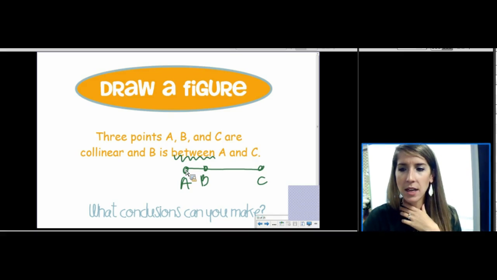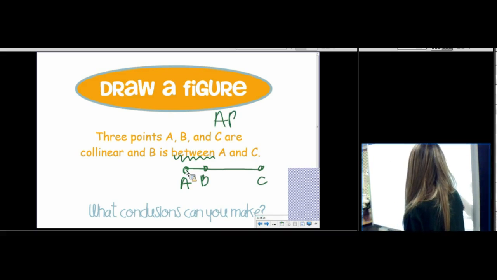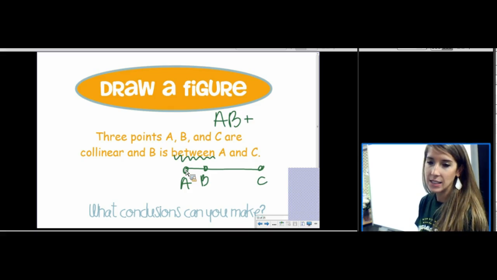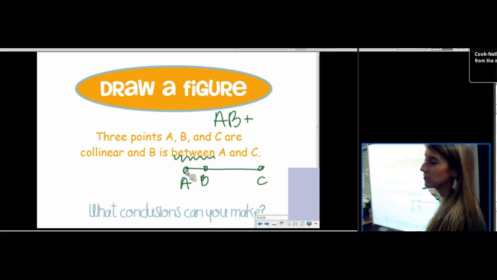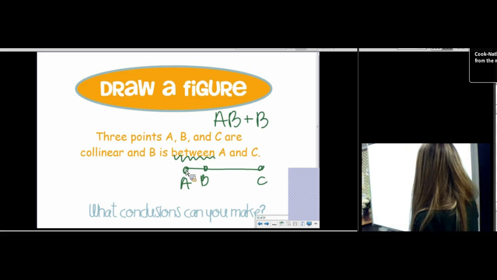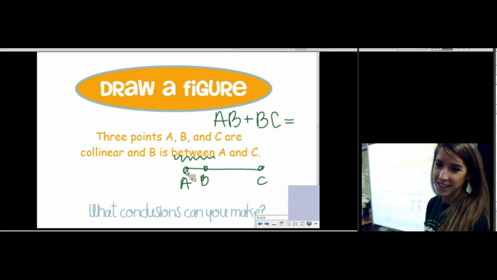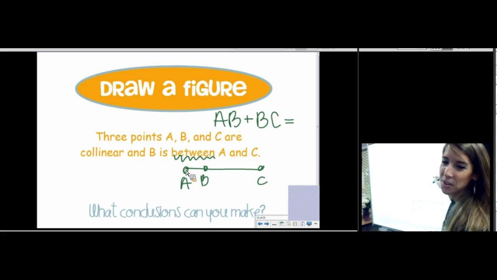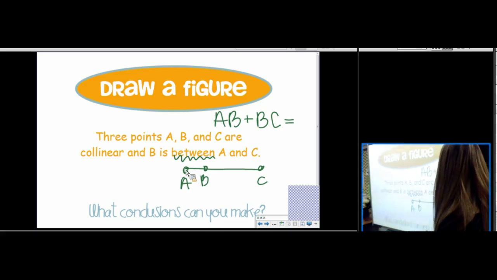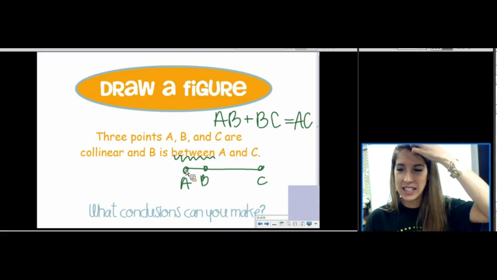Like AB plus BC equals, just say what it equals. You were typing too fast. Equals AC. Believe it or not, it has a fancy name. That's called a segment addition statement.